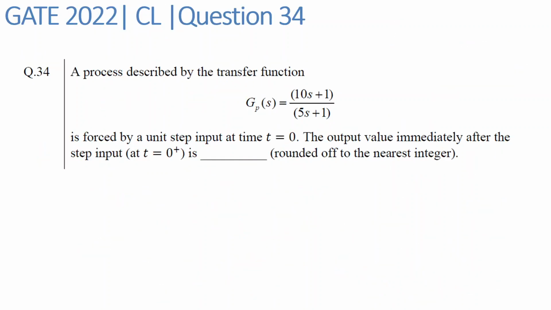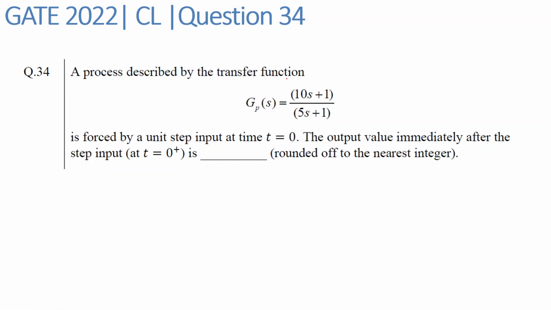In the next question, we have been given a process described by the transfer function Gp(s) equal to (10s plus 1) upon (5s plus 1), forced by a unit step input at time t equal to 0. The output value immediately after the step input, that is at t equal to 0, is dash.